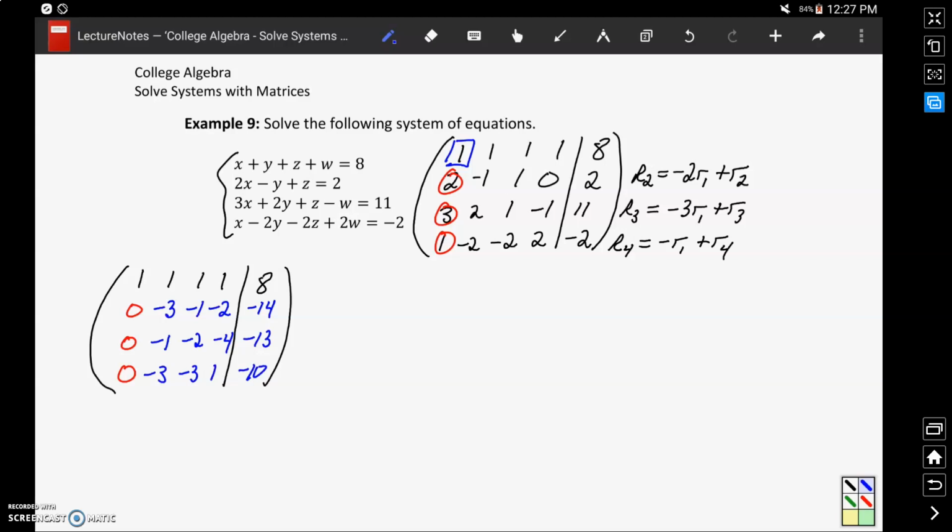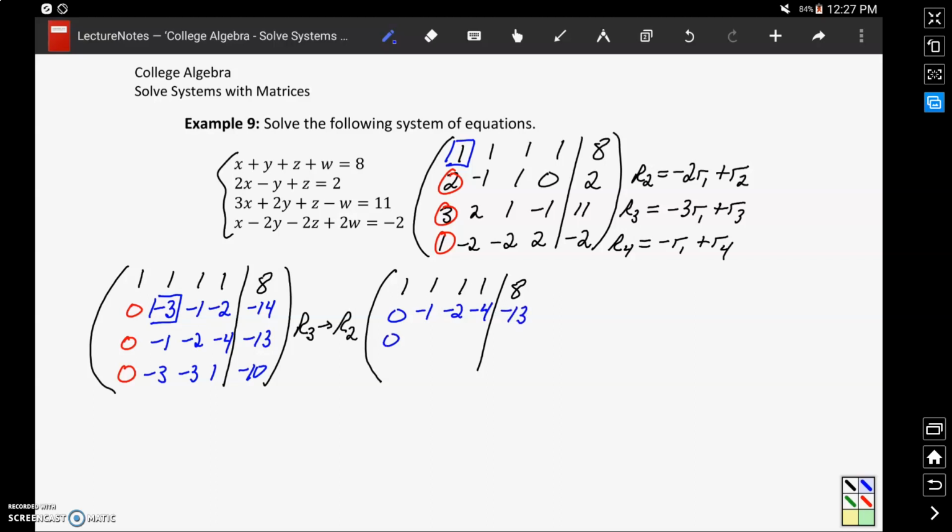The next thing we want to do is get row 2, column 2 to be a 1. But rather than apply the same types of operations we've been applying, what I'm going to do is send row 3 to row 2. So I'm going to switch the position of those 2 rows. So row 2 will become 0, -1, -2, -4, -13.